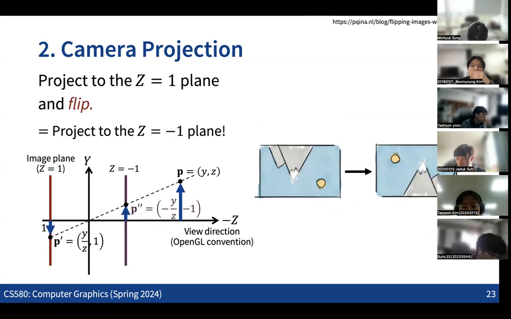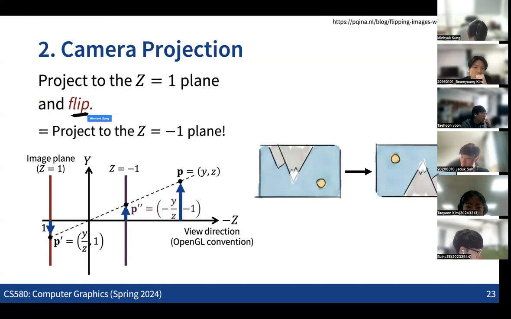So let's think about the process of projecting onto the z equals 1 plane and then flipping the image. These two steps, projection to the z equals 1 plane and flipping, are exactly the same as just projecting onto the z equals minus 1 plane.